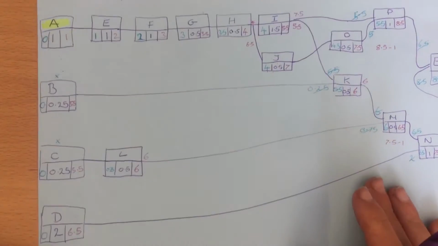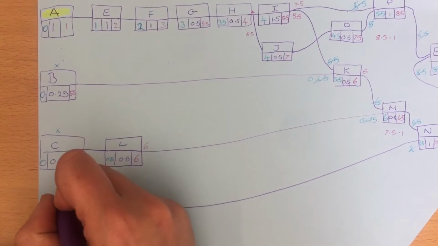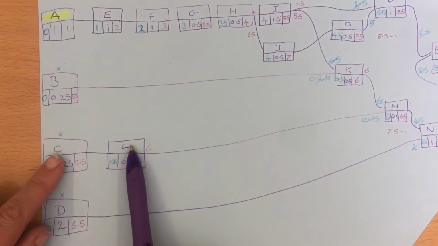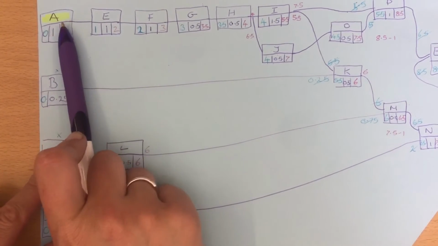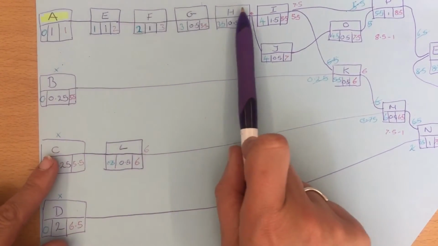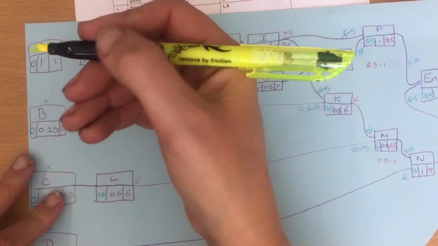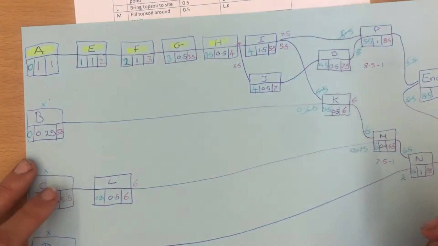Not true, not critical. 0 plus 2 is 6.5. Not true, not critical. So because this one isn't critical, this one can't be. If this one is critical, everything it goes into is going to be critical until the next junction. So we know that that's critical, that's critical, that's critical, that's critical.